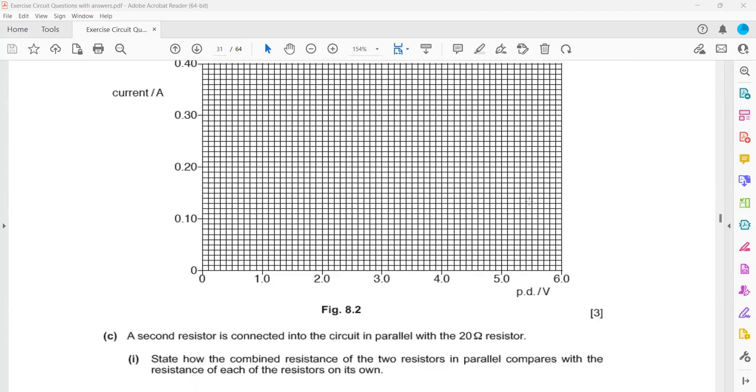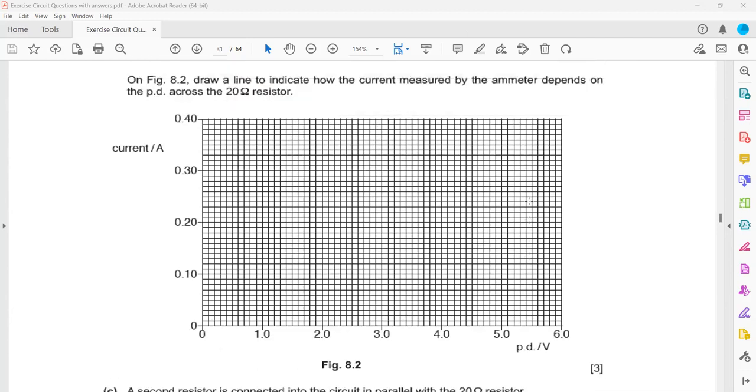The idea is that it's a 20 ohm resistor. We don't have the values here; we have voltages of 1 volt, 2 volt, 3 volt, and currents of 0.1, 0.2, 0.3. But to work it out, the ratio between voltage and current should be 20, as it's a 20 ohm resistor.